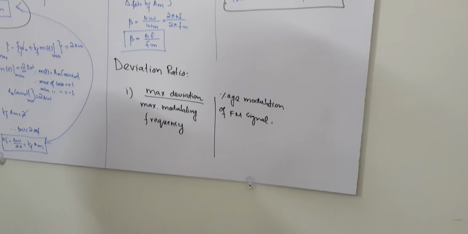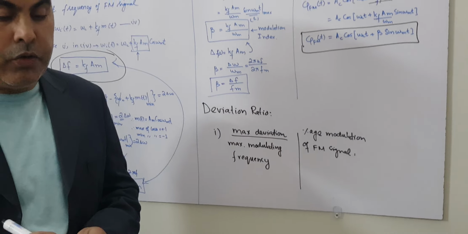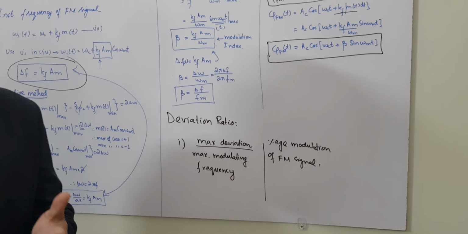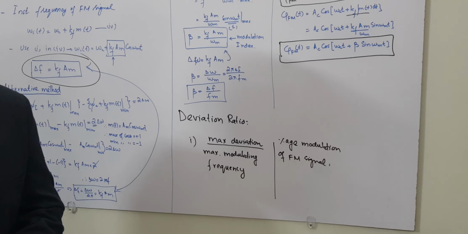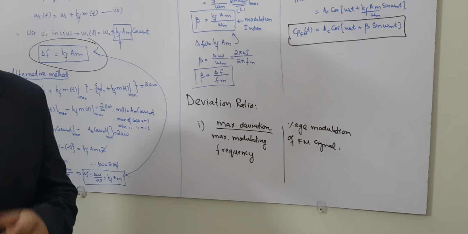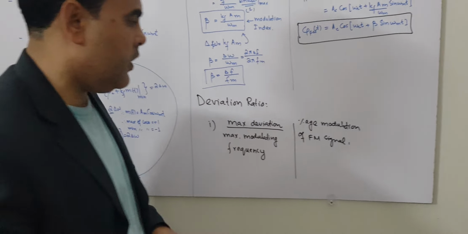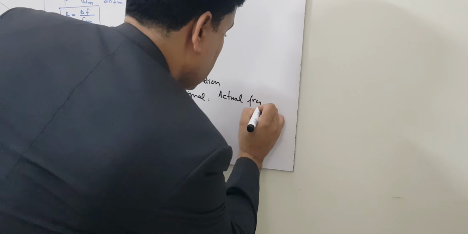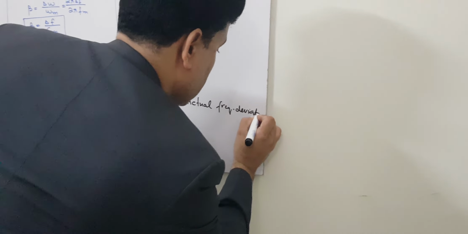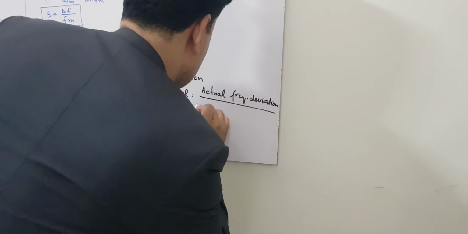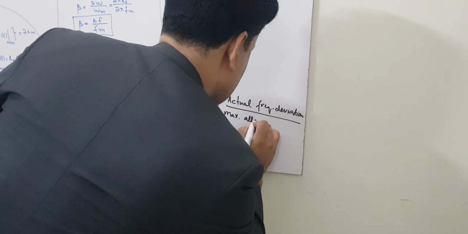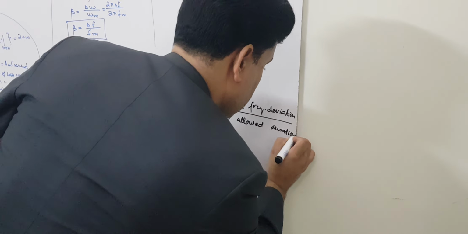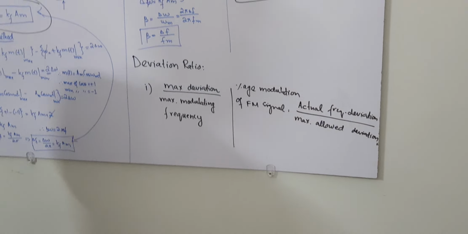So percentage modulation of the FM signal is also a ratio which can be calculated as the actual frequency deviation divided by the maximum allowed deviation.